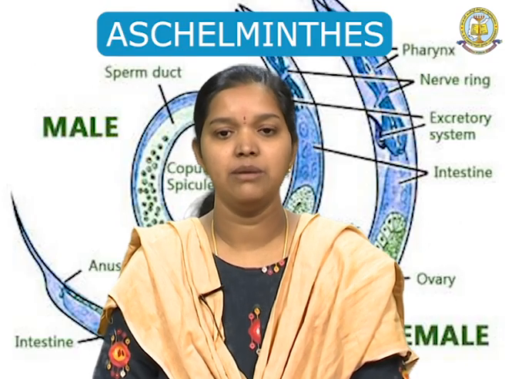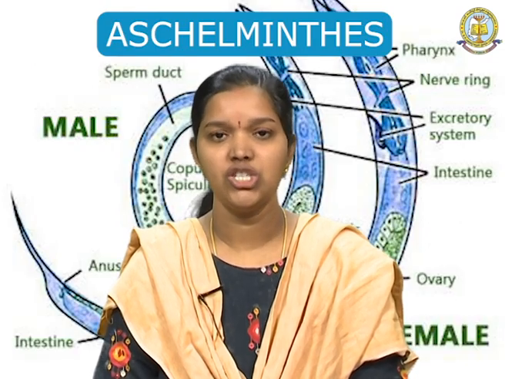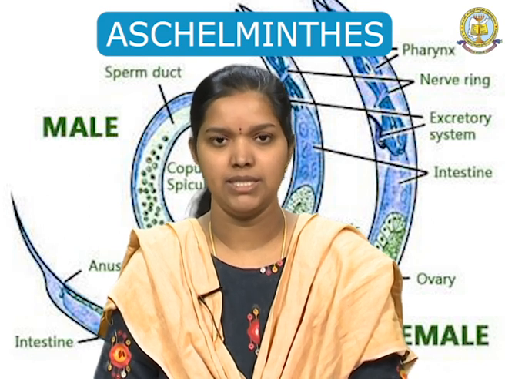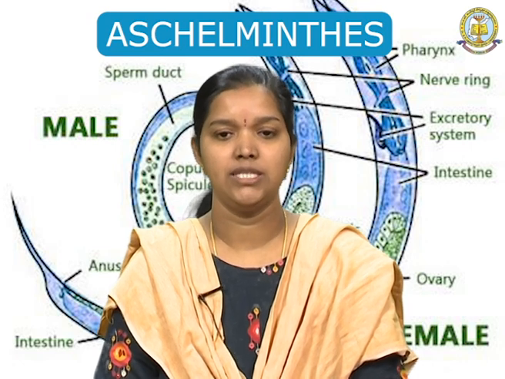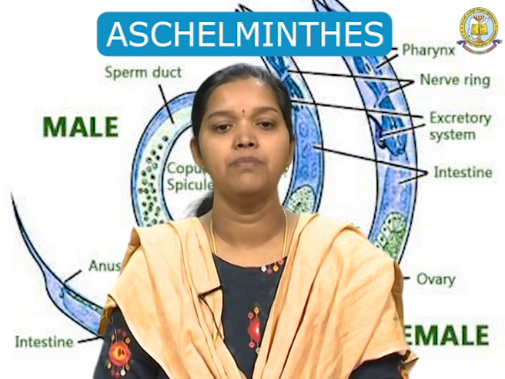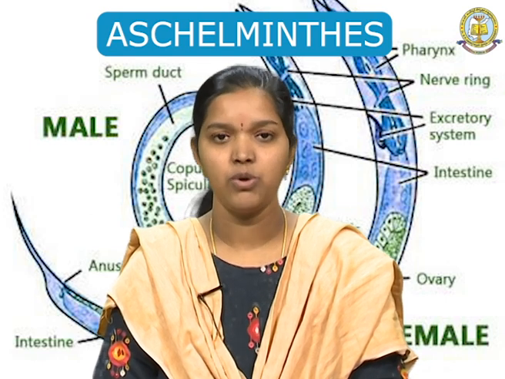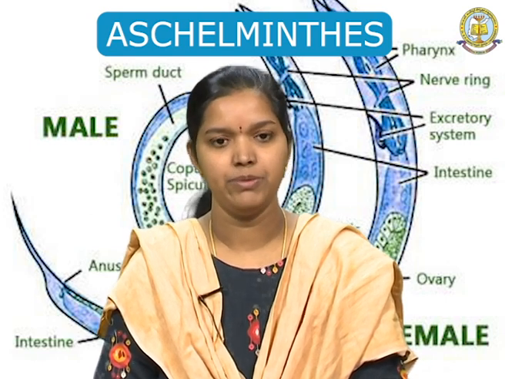In other animals, the ingestion of food is usually through the propulsion of food by the gut muscles, but in these organisms it is the pharynx that is responsible for the ingestion of food.